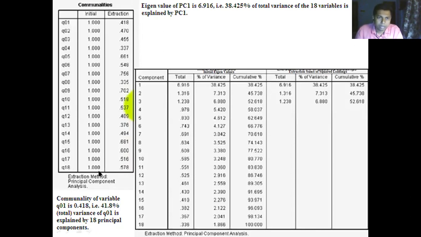We can identify from this table whether we need to eliminate some variable. Here there is no case of elimination. And from the total amount of variance explained, we can choose the components. Here we can choose 3 components, but after that the eigenvalues are less than 1 and are not considered.